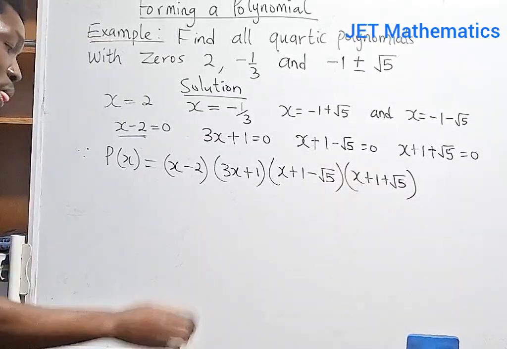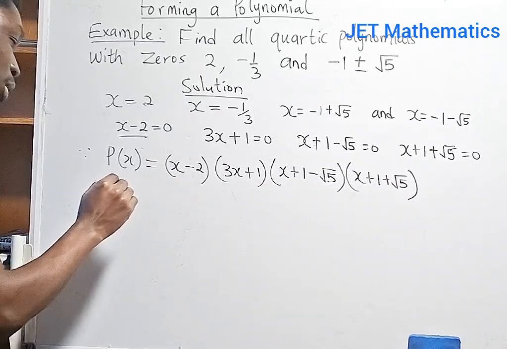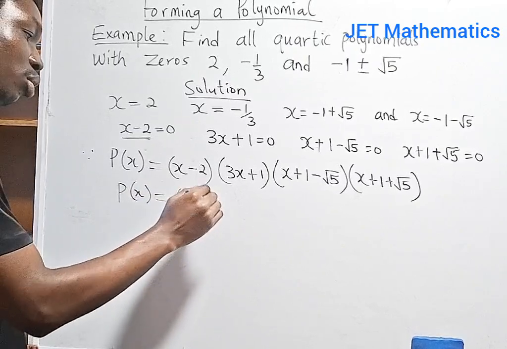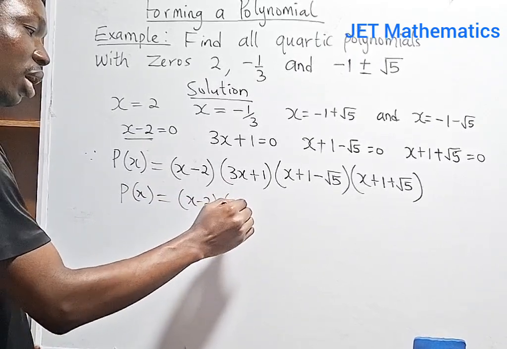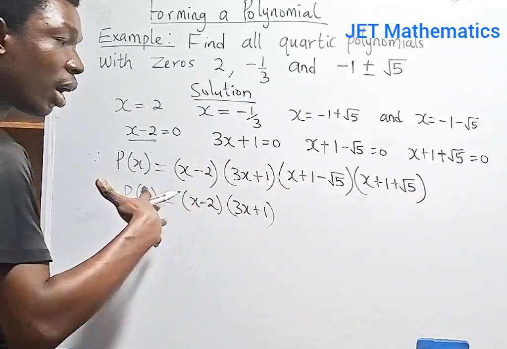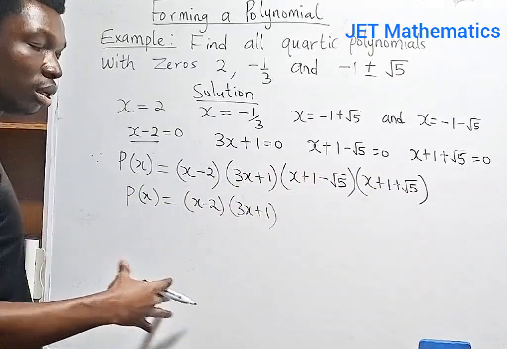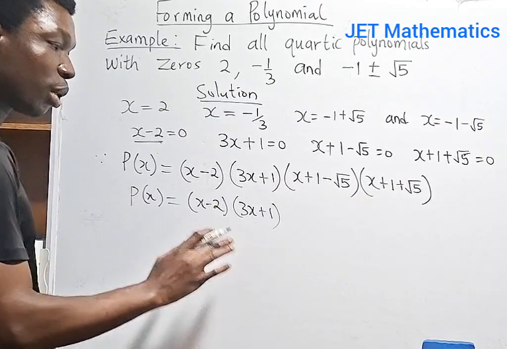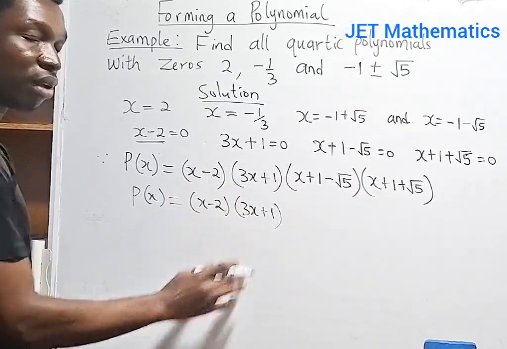And then we can continue by saying this is p of x equals x minus 2, 3x plus 1. You can decide to expand and get all the terms, but I will not be expanding. I'll just write them as products of their factors.